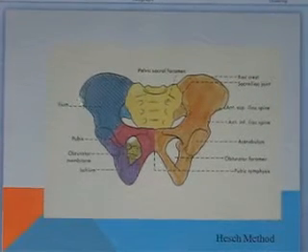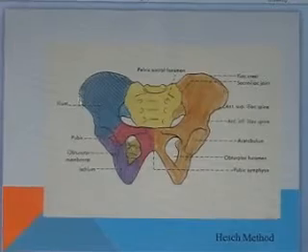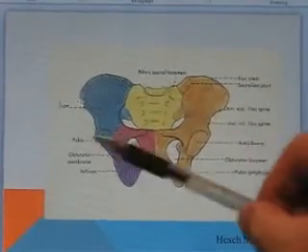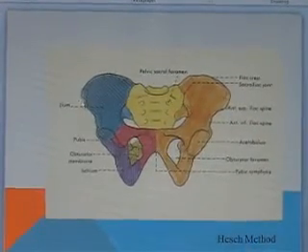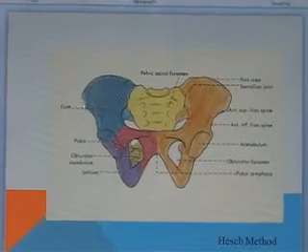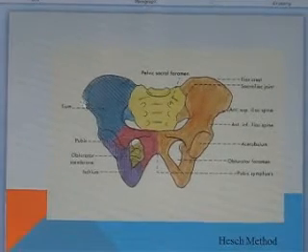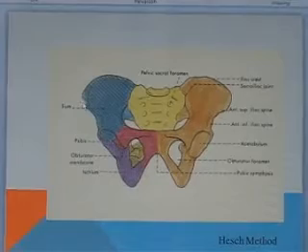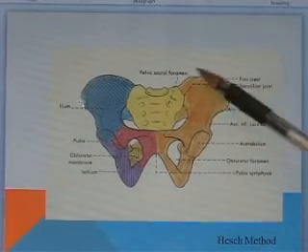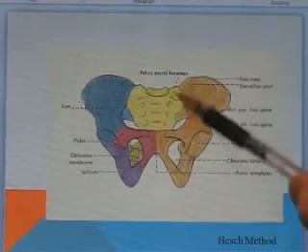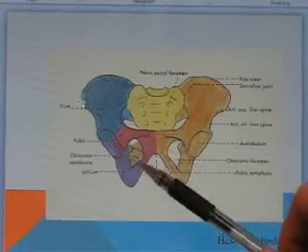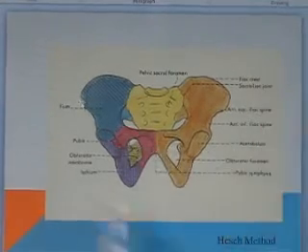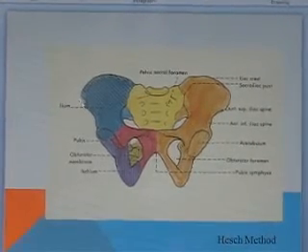Some people call the hemipelvis the ilium, but in truth the ilium is pretty much the upper half of that pelvic bone. So it's good to know what one's terminology is when they're speaking of the anatomy. The best terminology would be to call this the left hemipelvis, to call this portion the pube, this portion the ischium, this portion the ilium.